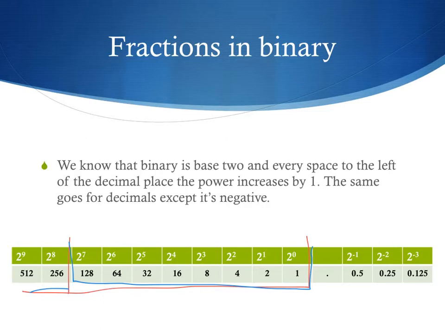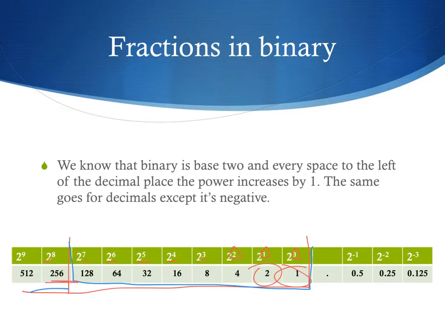We know that each time we increase by 1 bit, our power increases by 1. So we start at 0 and then we go 1, 2, 3, 4, 5, 6, 7, 8. That's how we get these numbers underneath. We increase the power by 1.